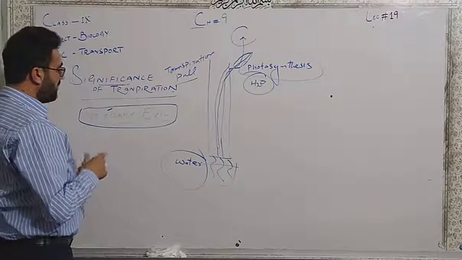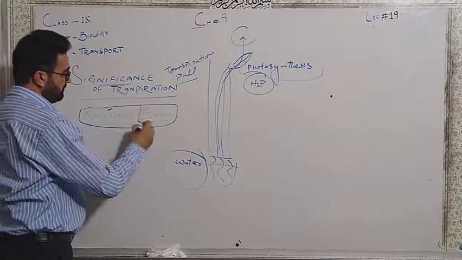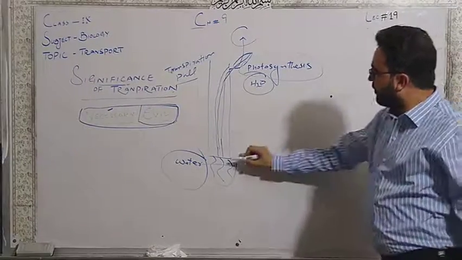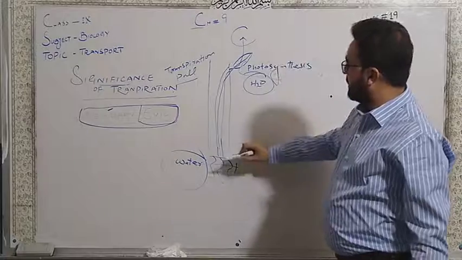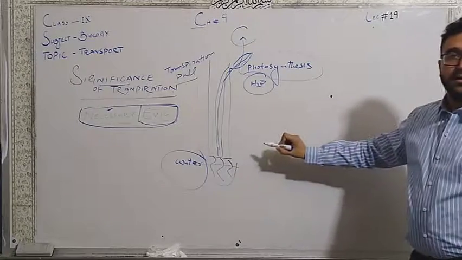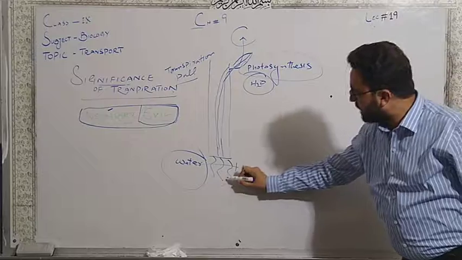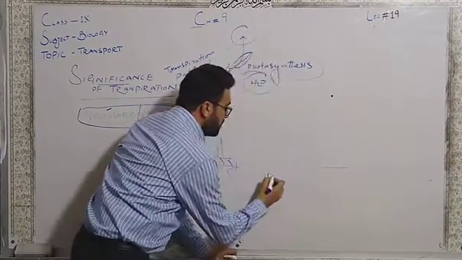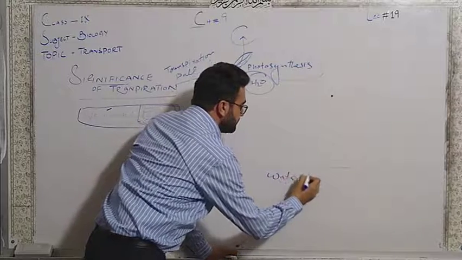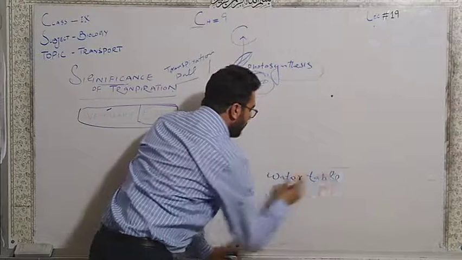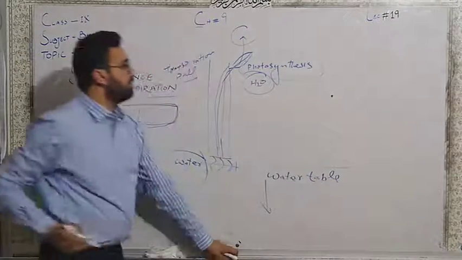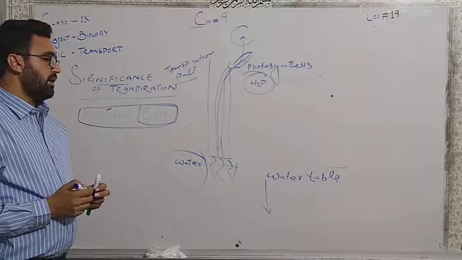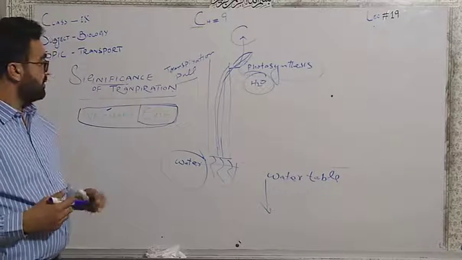But why is this called evil? Dear students, if there is more transpiration, then the underground water, which is called the water table, will go down, and the available water for humans will be affected.